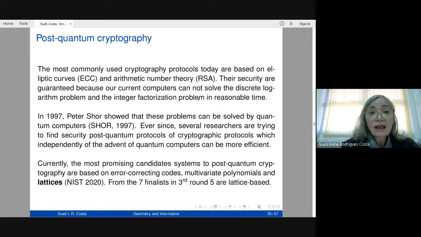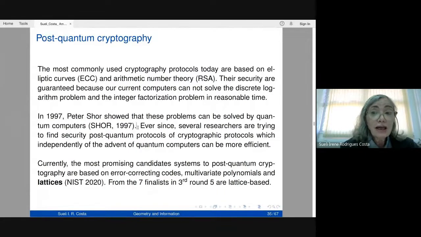The security is guaranteed here because our current computers cannot solve the discrete logarithm problem and the integer factorization problem in a reasonable time, right? In 1997, Peter Shor showed that this problem can be solved in quantum computers.